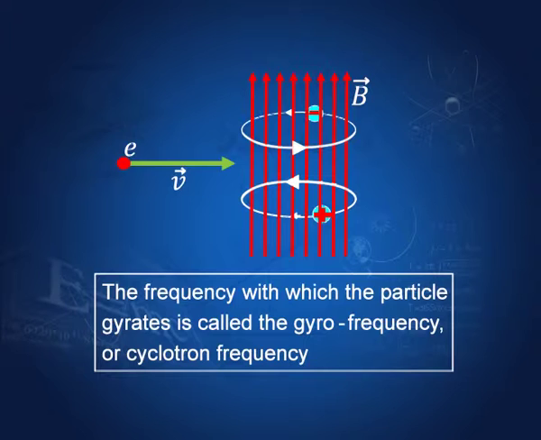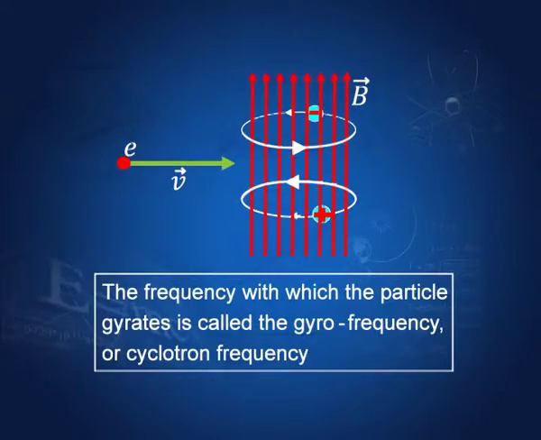The positive charge will go in a clockwise direction, and the negative charge would go in an anti-clockwise direction, if this is the direction of B and this is the direction of v.